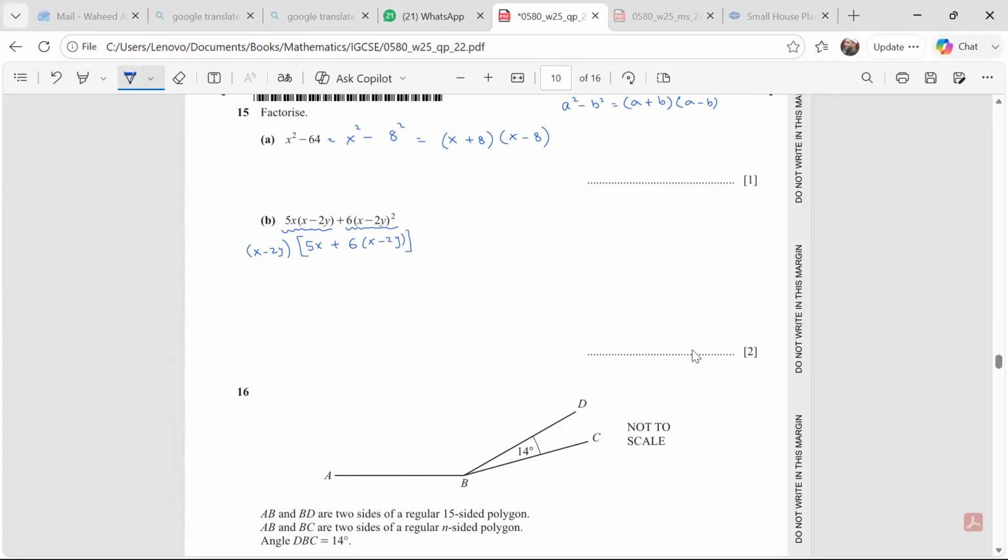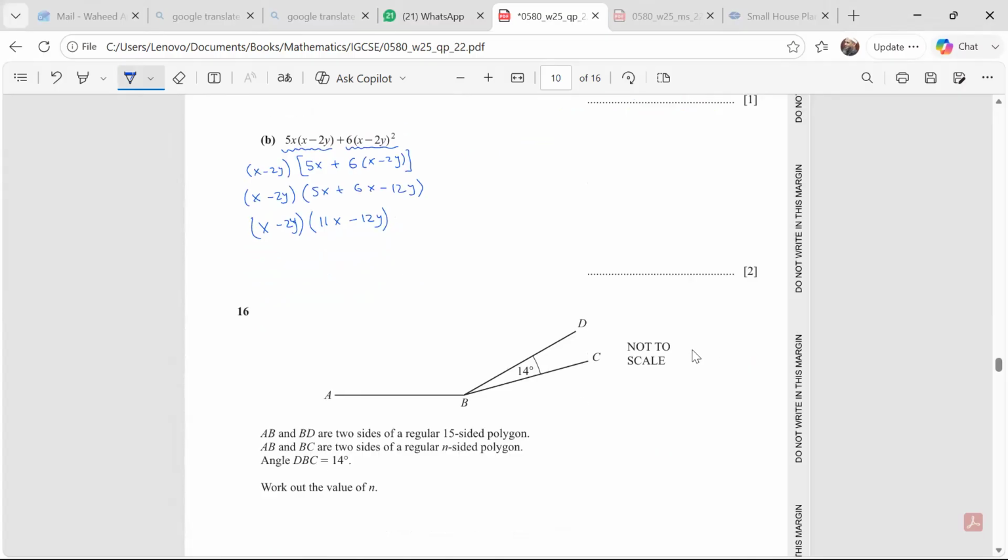Make sense? So this is x minus 2y, and this would be 5x plus 6x minus 12y. So this can be written as 5x plus 6x, 11x minus 12y, this is one factor, and x minus 2y, this is the other factor. Okay, I hope it's clear.